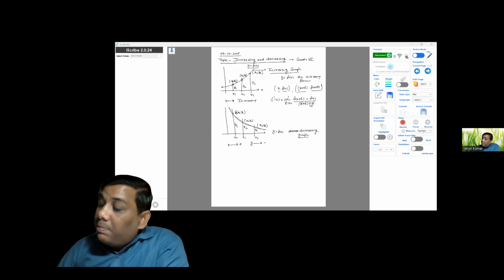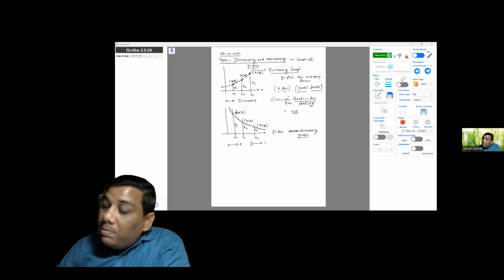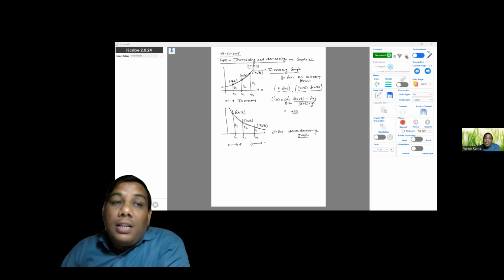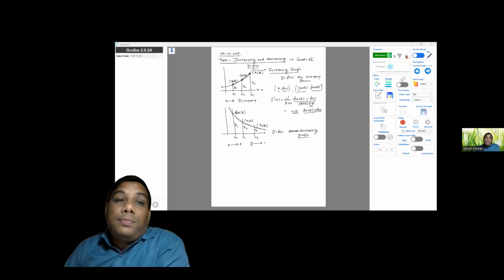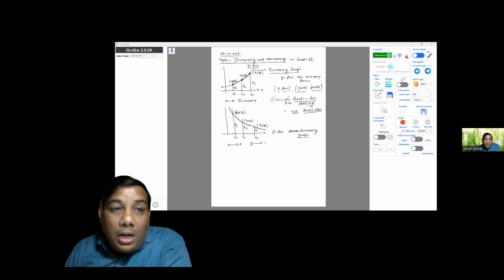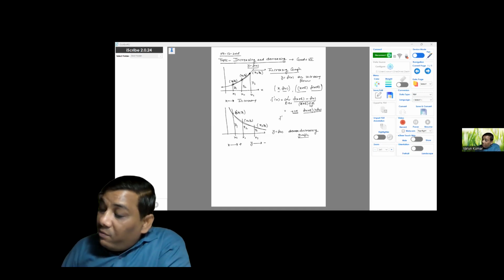Now f(x plus h) minus f(x) will be positive, because for an increasing graph the value of y always becomes more than the previous values. So f(x plus h) is greater than f(x). It means for an increasing graph, the value of f dash x must be greater than 0.